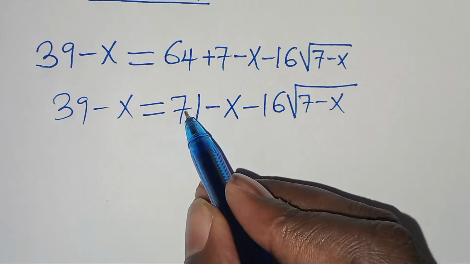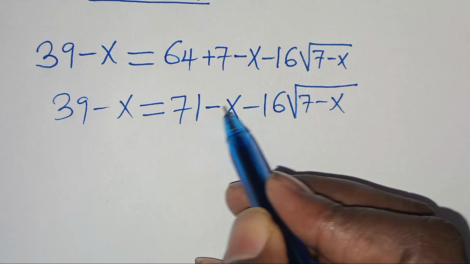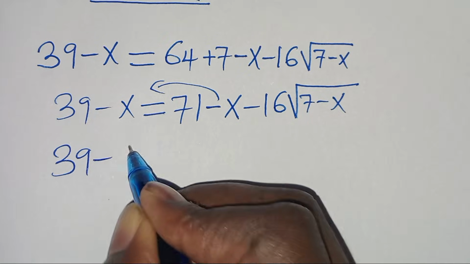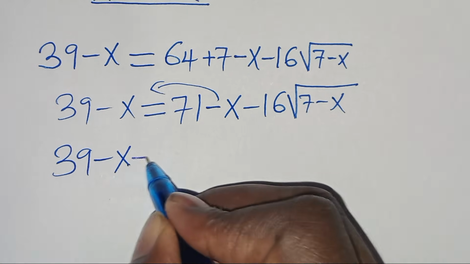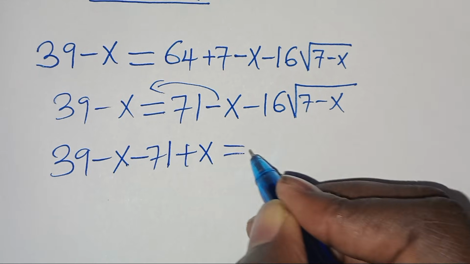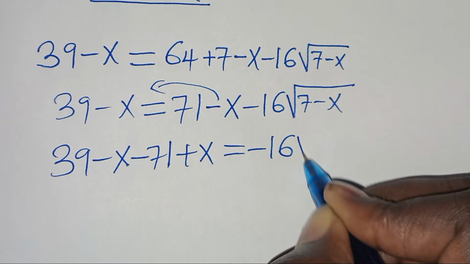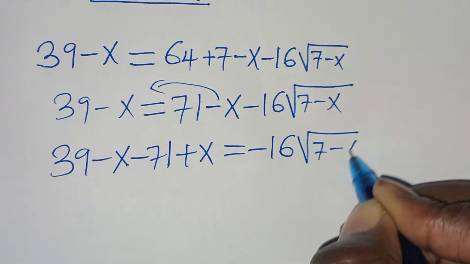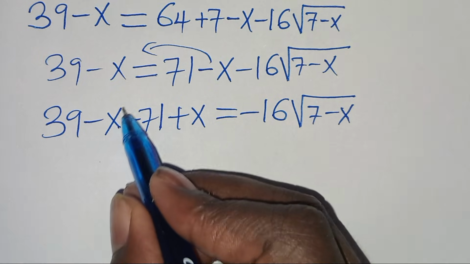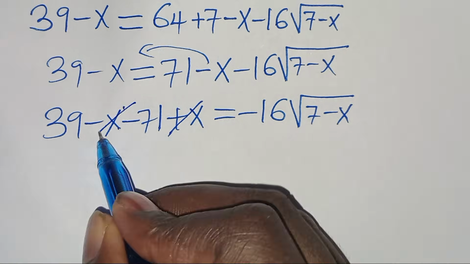So let's take 71 minus x to the left hand side. So we have 39 minus x, then subtract 71 plus x, equal to minus 16 times the square root of 7 minus x. So minus x plus x cancels.